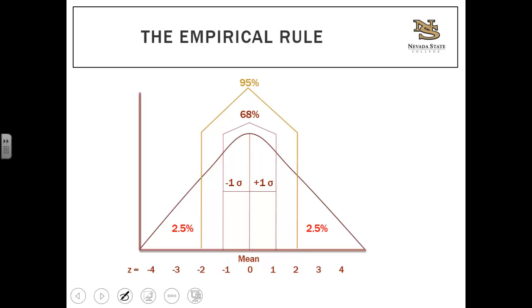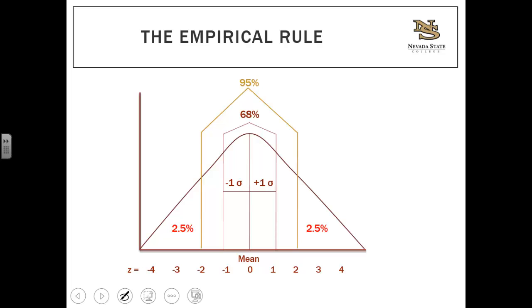Now I want to show you guys the empirical rule. The empirical rule is based on z-scores, and it gives you predictable proportions or percentages of scores in the normal distribution based on the mean and the standard deviation.